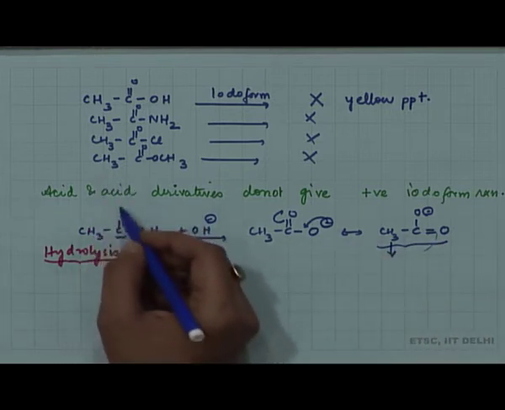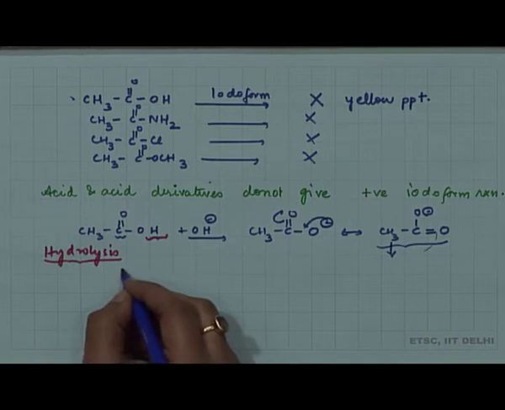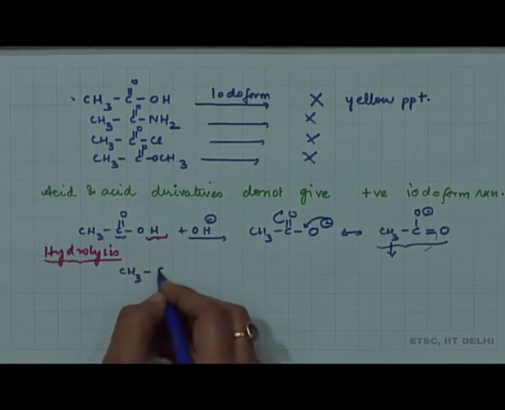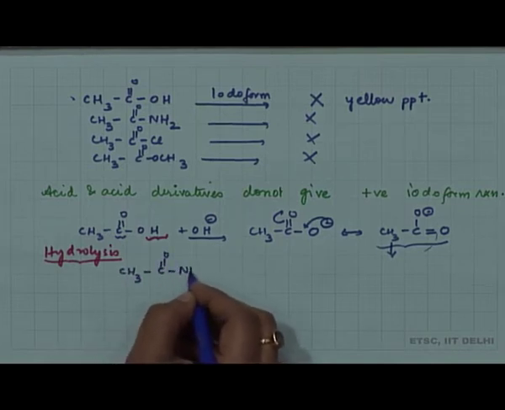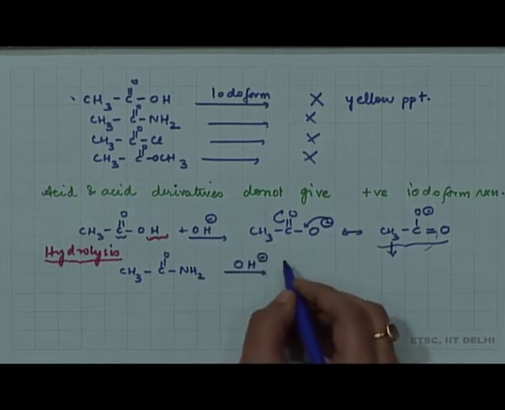So, this is the reason why an acid will not give a positive iodoform reaction. On a similar rationale, you can imagine why an acetamide will also not work under these conditions.